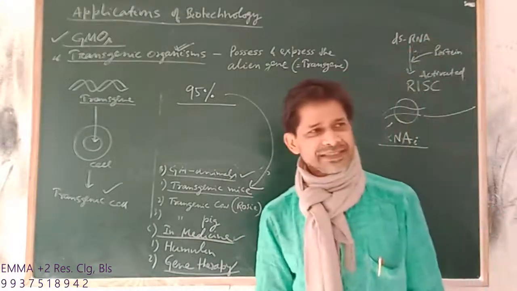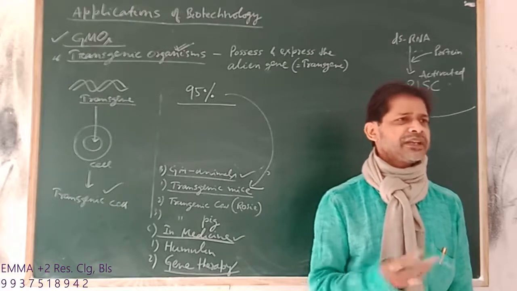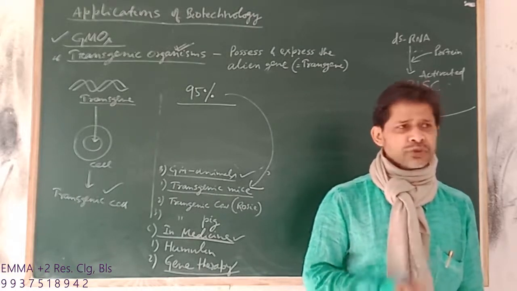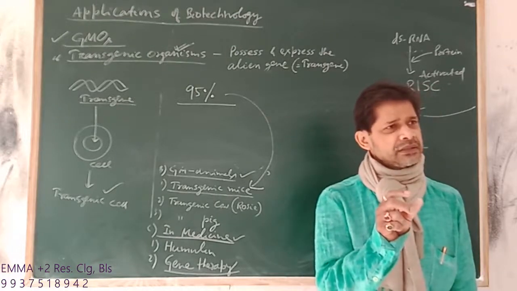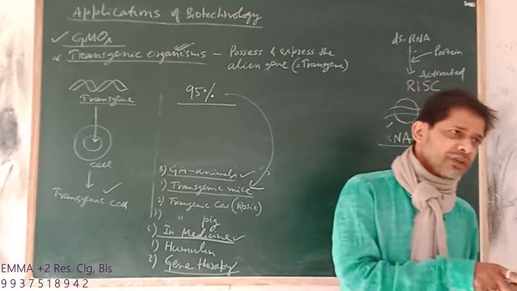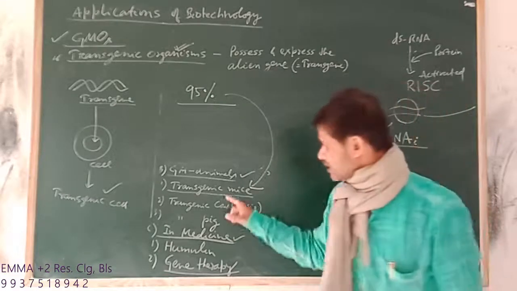For vaccine safety, nowadays we are eagerly waiting for the coronavirus vaccine. So that vaccine will come for trial in the human body after successful safety testing in transgenic mice.